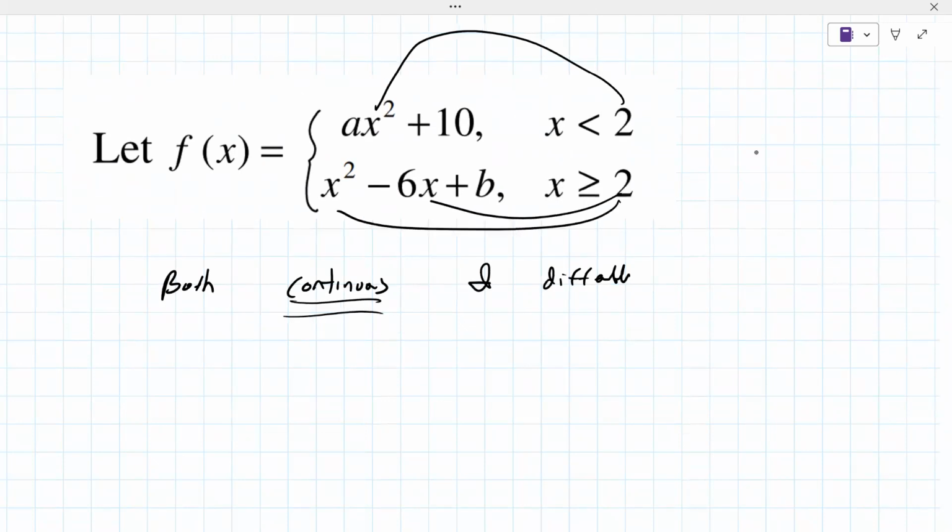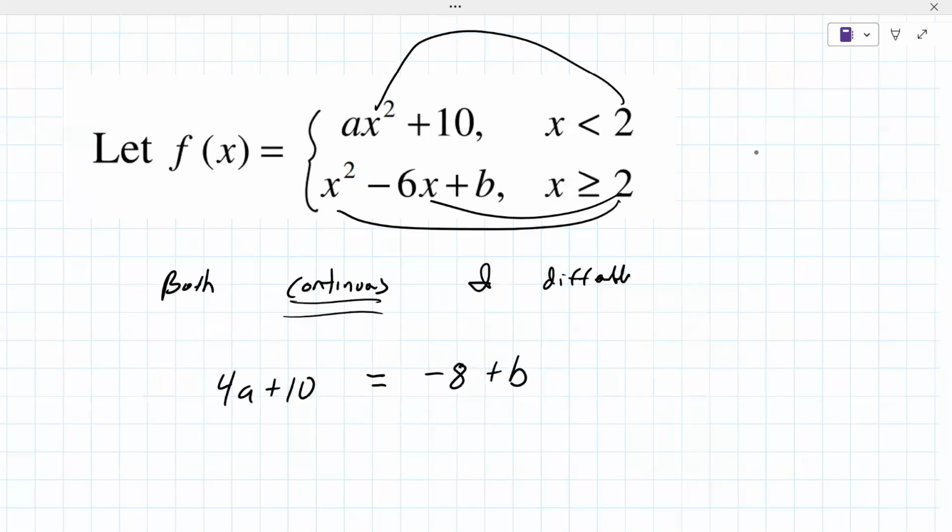That's part one. So could you do that for me and tell me what the two equations are? Okay, so 4a plus 10 and then negative 8 plus b.